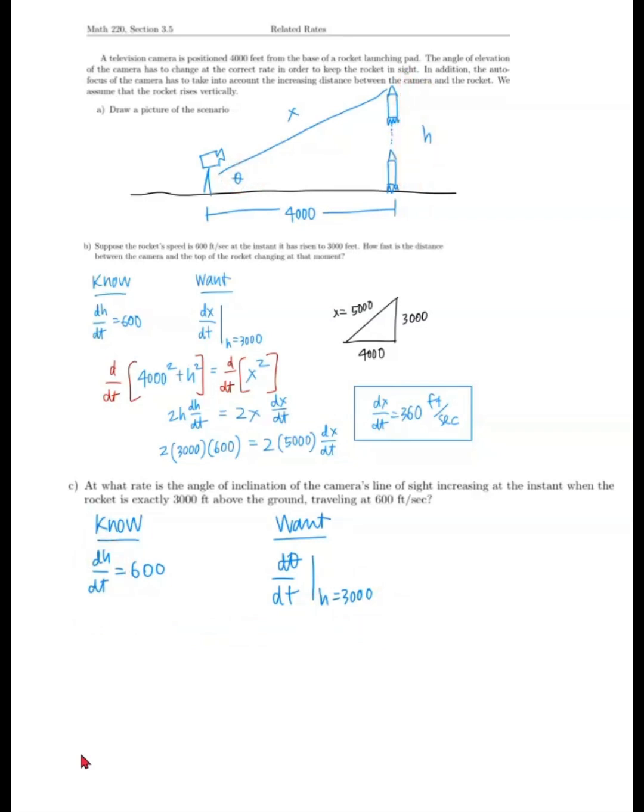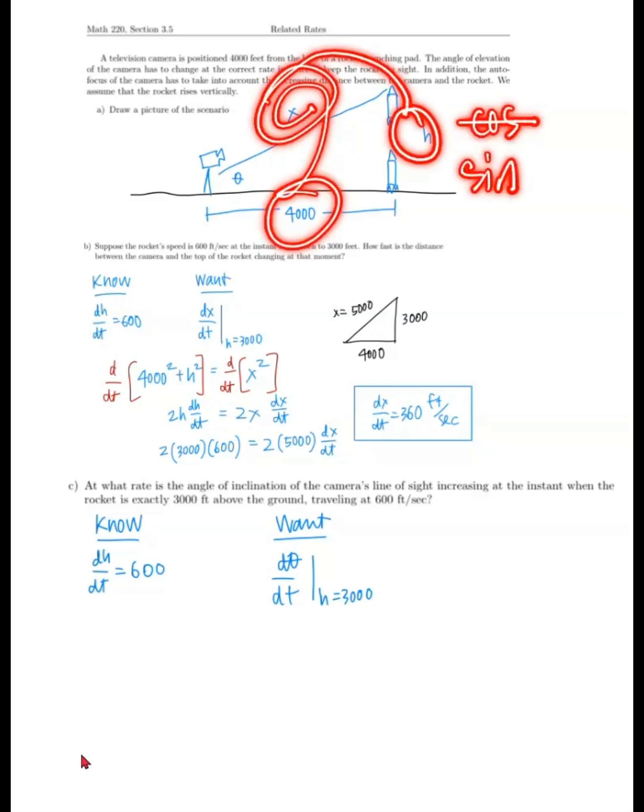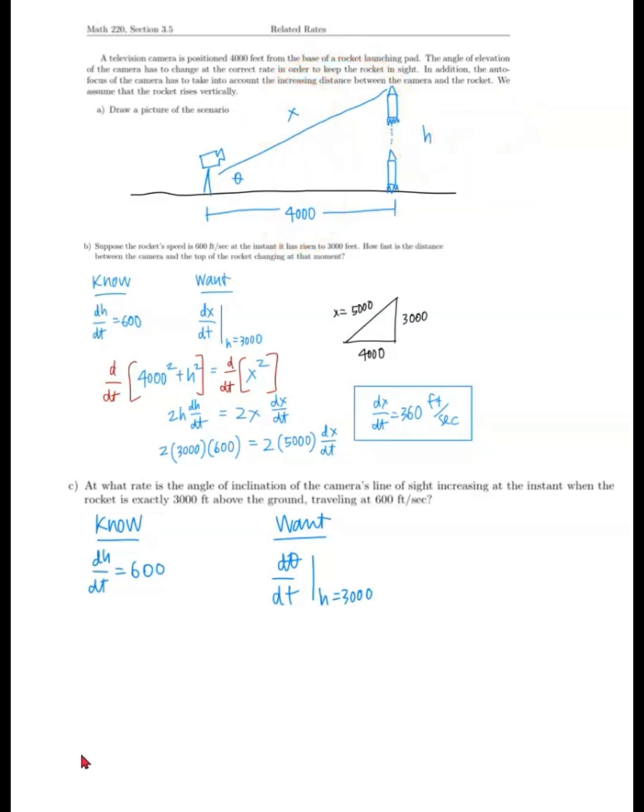Sure, you can use any of the trig functions. Well, cosine's not going to be super helpful because cosine is 4,000 over x. That totally ignores the h, so we don't want to use cosine. Sine would be opposite over hypotenuse. That would be h over x. That's okay, that's fine. But tangent is kind of sitting right there looking at us.